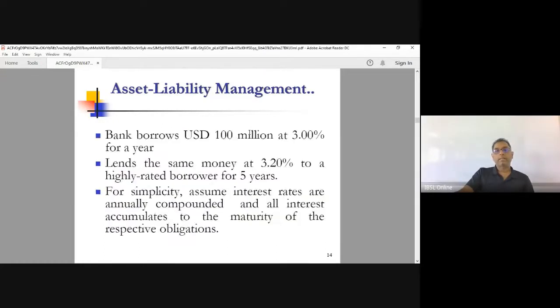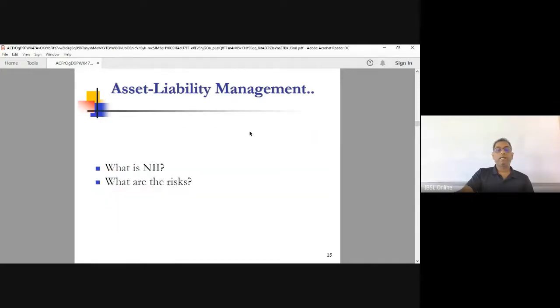So the question is, if I were to ask you, the next slide, the bank has borrowed 100 million, lent 100 million. So an equal amount of money has been borrowed, equal amount of money has been lent. What is the NII for the bank on that?